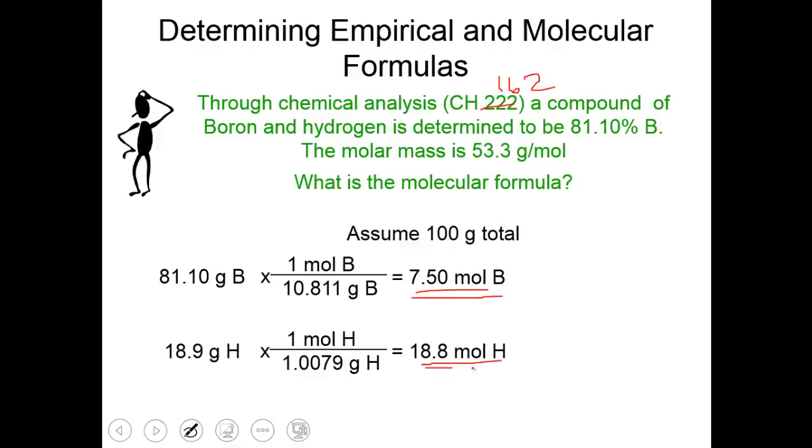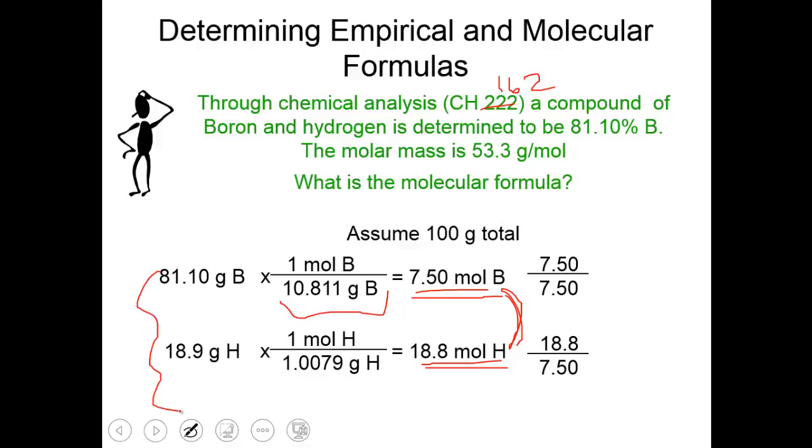Get everybody into moles using the molar mass from the periodic table. Divide by the smallest number of moles to get your mole-to-mole ratio. If you had 3 elements, like let's say you have oxygen in here, you would look at the mole-to-mole ratios for all of them.